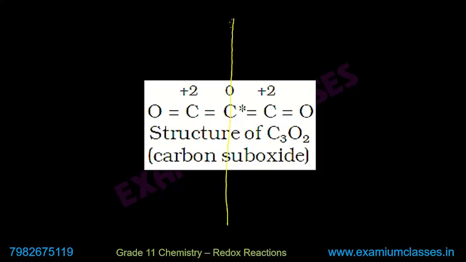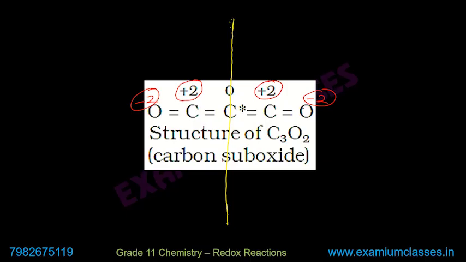And then see on the left hand side and on the right hand side how the charges are balanced. Oxygen is not in superoxide mode, not in peroxide, not with fluorine. So oxygen is in its normal oxide form, so it will have -2 oxidation state. To balance this -2, this carbon will have +2. To balance this -2, this carbon will have +2. And this is how the charges are balanced.